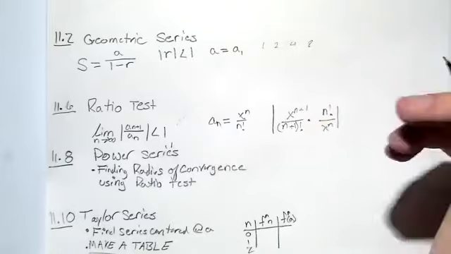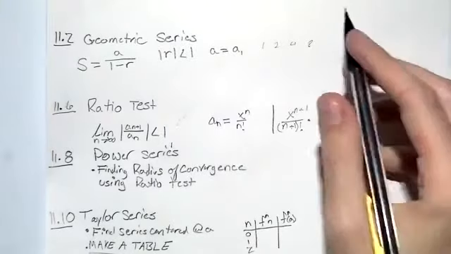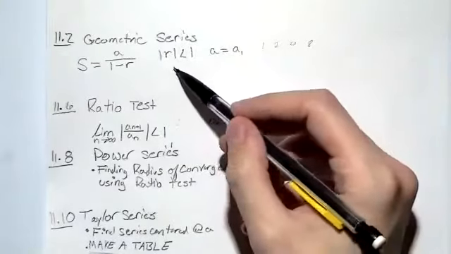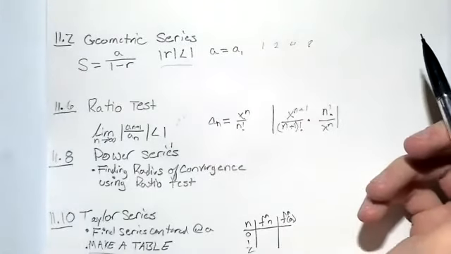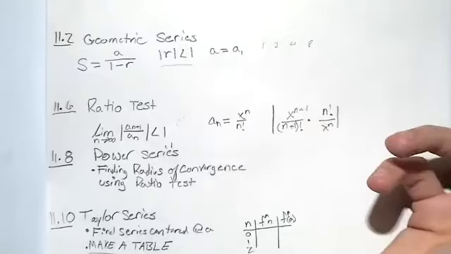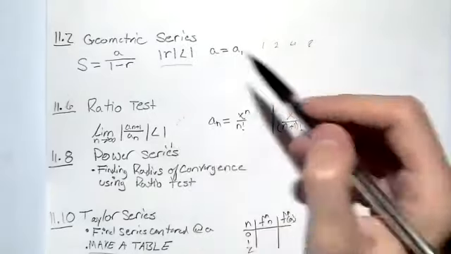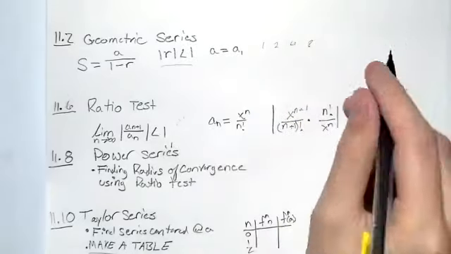So then I go 8, and so on and so on. What we know is that if the absolute value of R is less than 1, then we have a converging series.